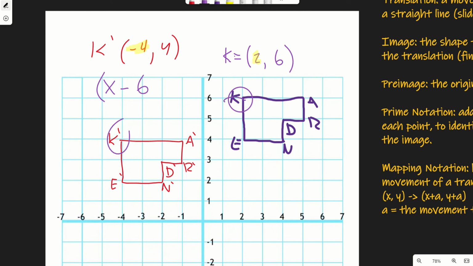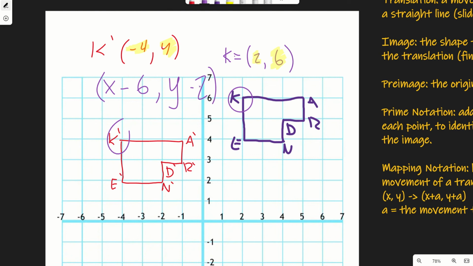I go back 1, 2, 3, 4, 5, 6. I went back 6. That's X minus 6. And then I also know that to get from my original 6 to 4, I'm going to do Y minus 2. So this would be considered my mapping notation. From one X to the other, I'm going to do minus 6.